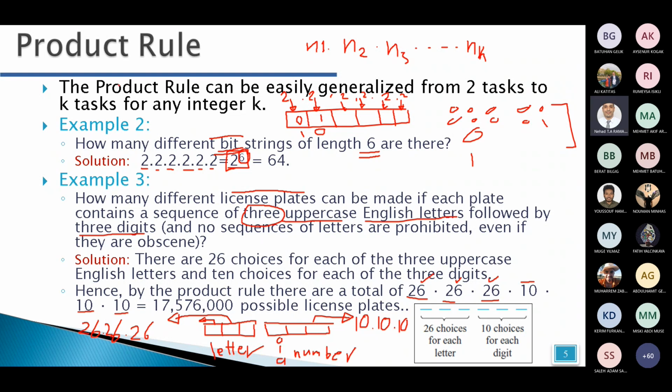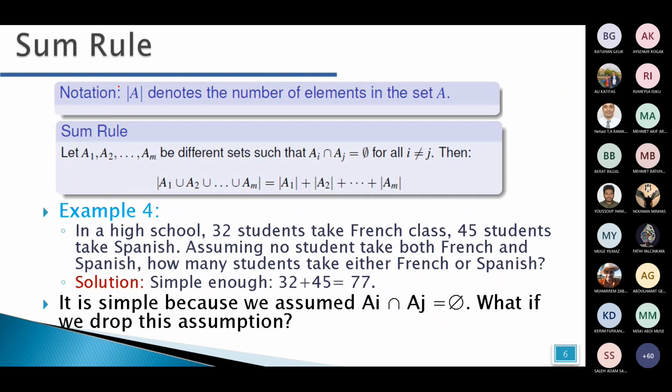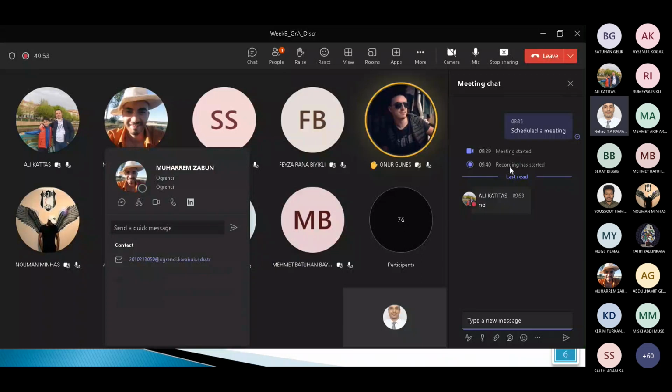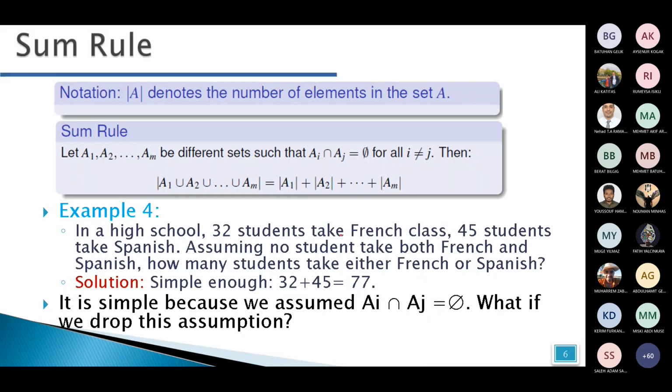So this is the product rule. Now the summation rule, or sum rule. Sum rule is like this.